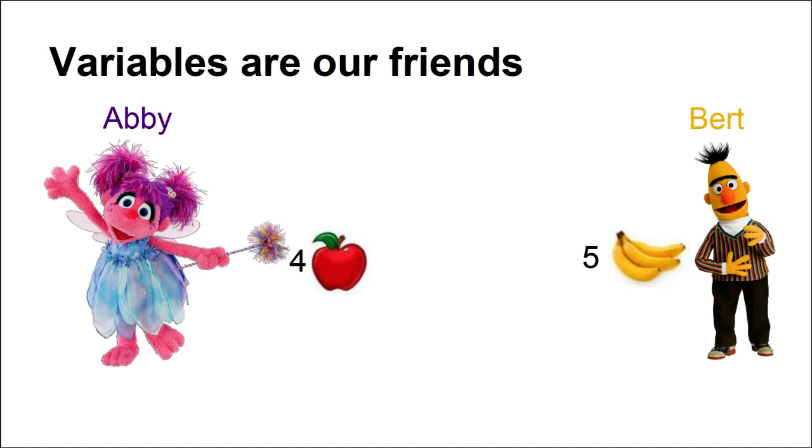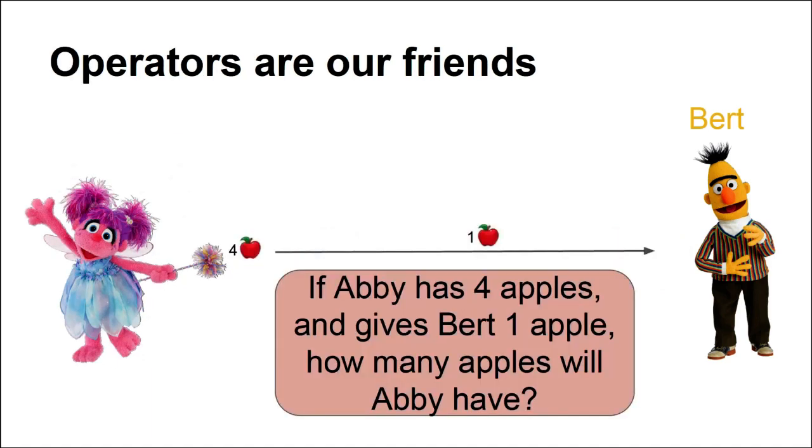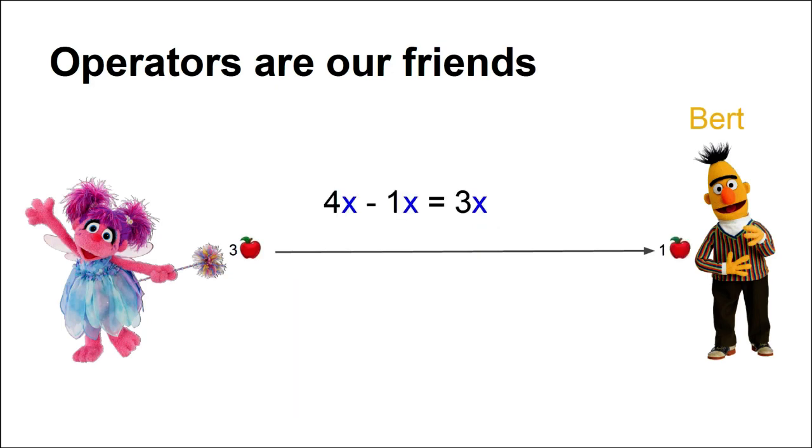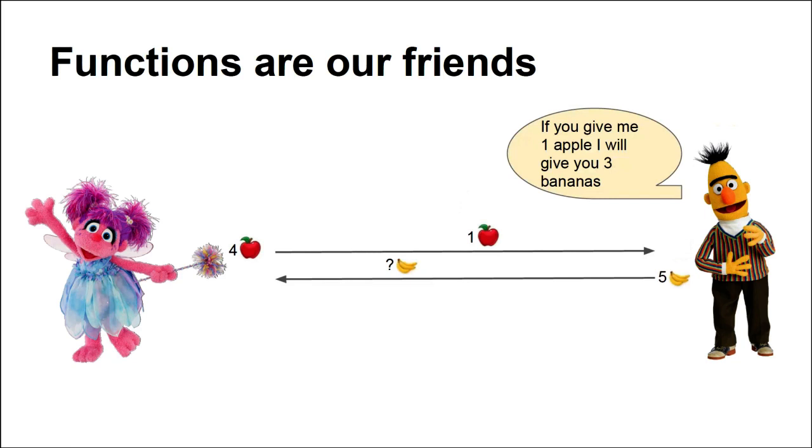So we can associate numbers, quantities, to different concepts and give them labels. And then we learned how to operate on these numbers. If Abby has 4 apples and gives 1 to Bert, then we can do a simple subtraction and say that after she gives 1 apple, she will only end up with 3 apples. And then we finally learned about functions.